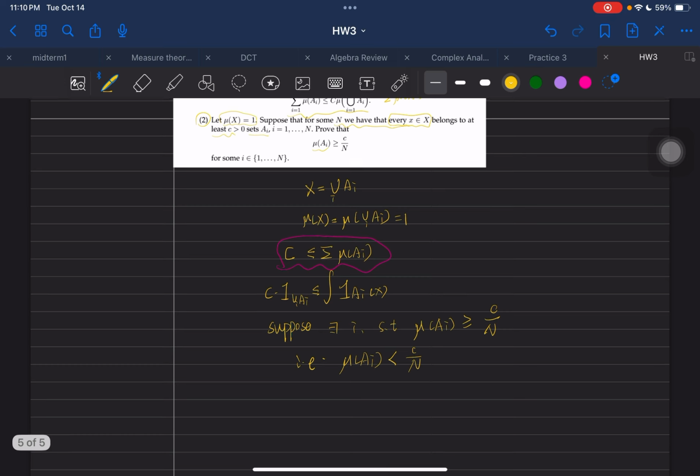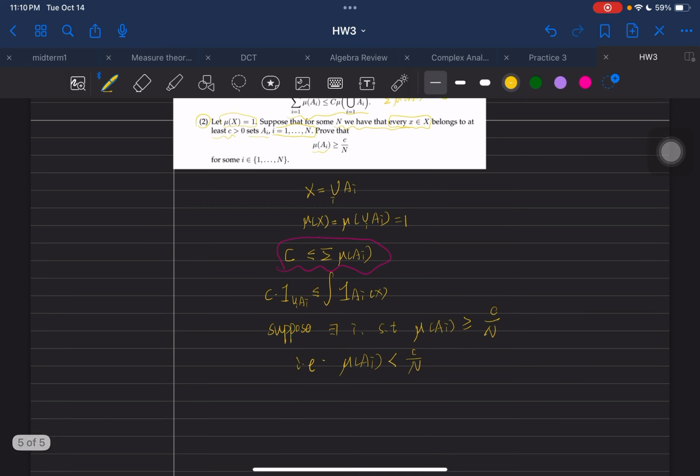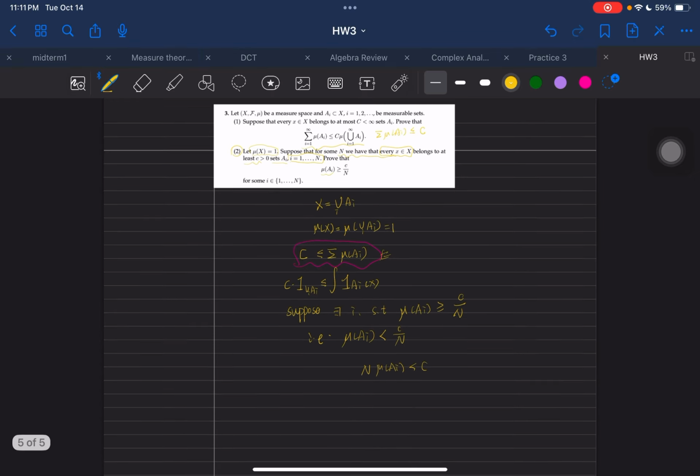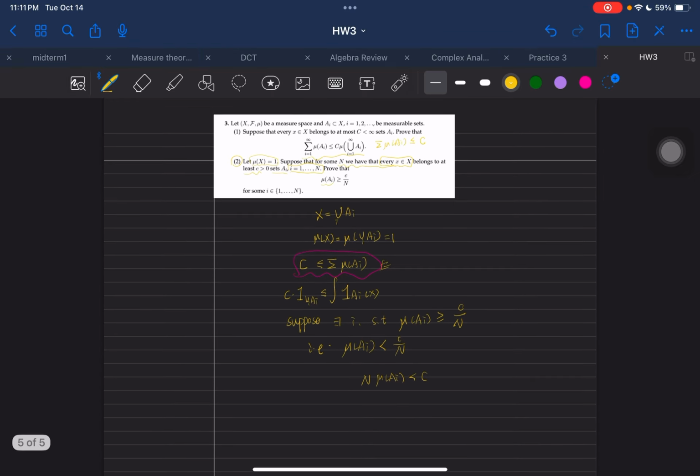Then we have n of those sets. So if we multiply by n, we would get a value smaller than c, right? Because it would give us a contradiction with the result we've proved. So that's just the proof by contradiction.